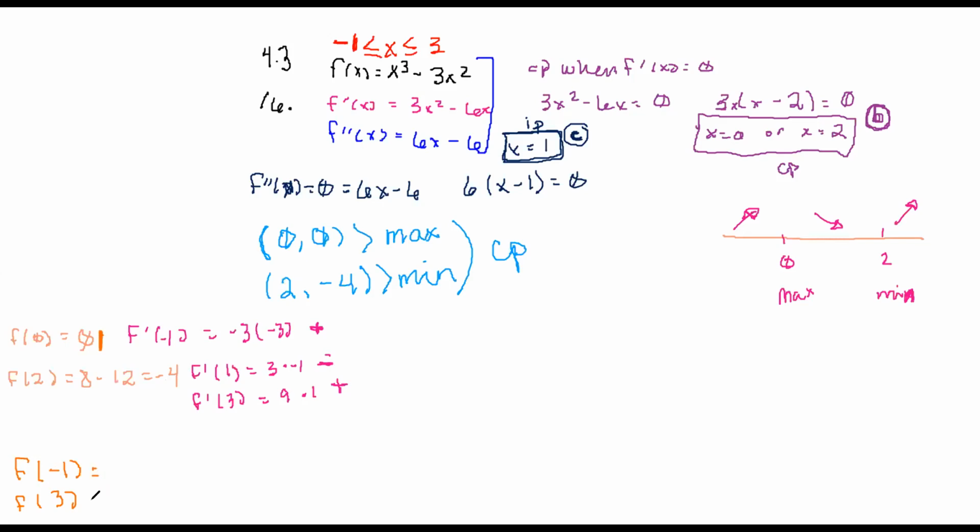So f of -1, this is -1 minus 3, so this is -4, and this is 27 minus 27, right? So that's 0.